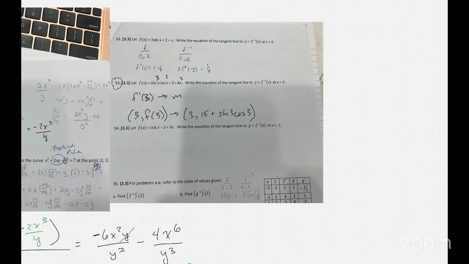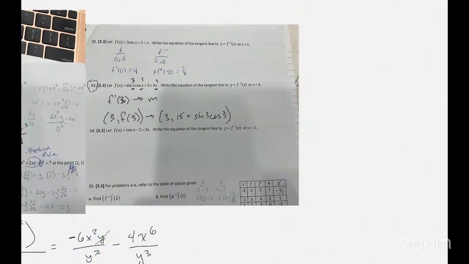It says according to the answer key, the equation is y minus 0. So I know the point's 0 according to the answer key, but I don't know how she comes to the conclusion of 0. Yeah, that's a little bit confusing to me too. Well, let's take my calculator out and punch it in.